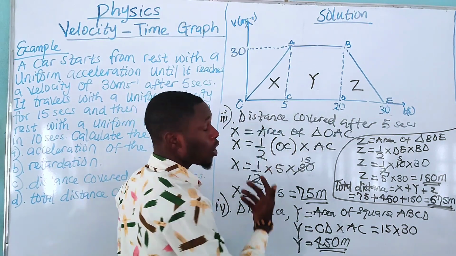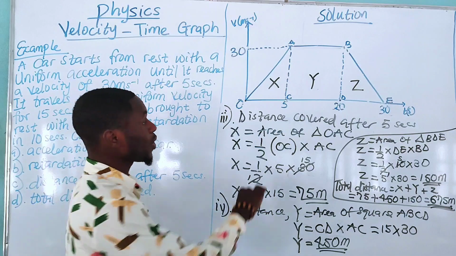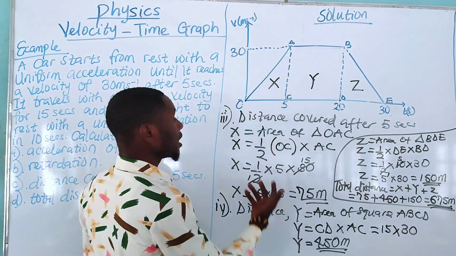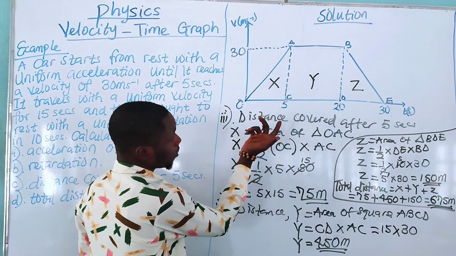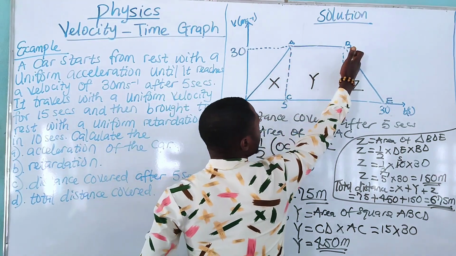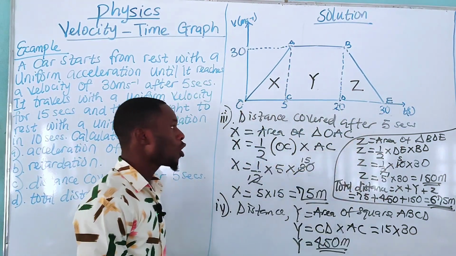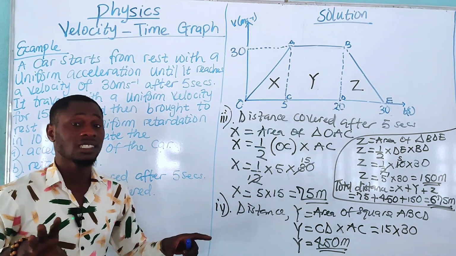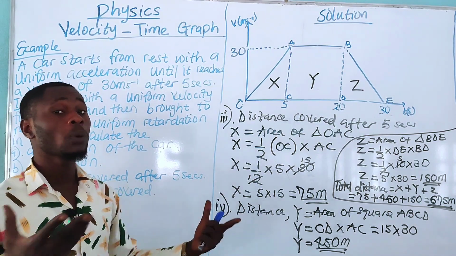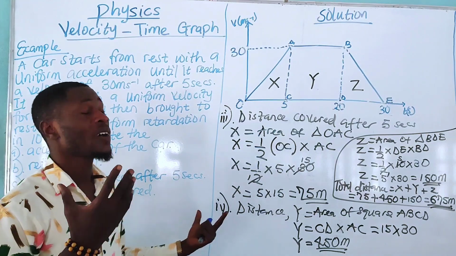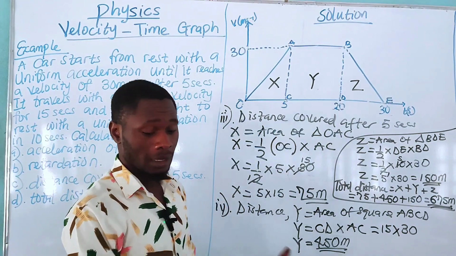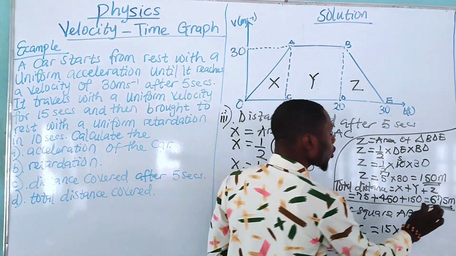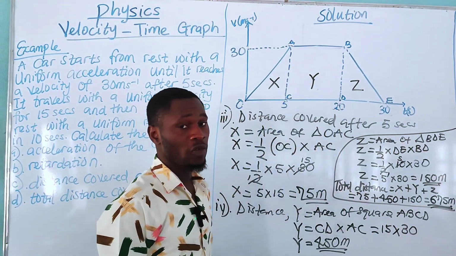So to obtain the total distance covered by the body, we will evaluate the area of this trapezium, OABE. That will give us the total distance covered throughout the journey without having to find the respective distances. So let's look at that alternative method to see if we are still going to obtain 675 meters.